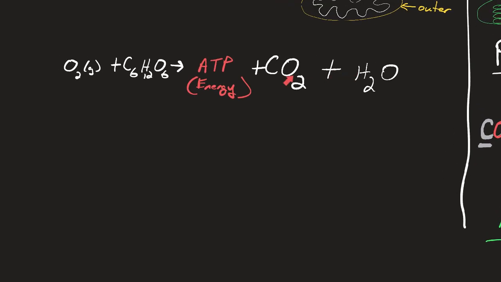Instead of taking water and CO2 and making sugar, you're taking sugar and oxygen and breaking it to carbon dioxide and water. So when you eat a candy bar, assuming you use that energy, you produce it and you use the energy, you don't put it away.